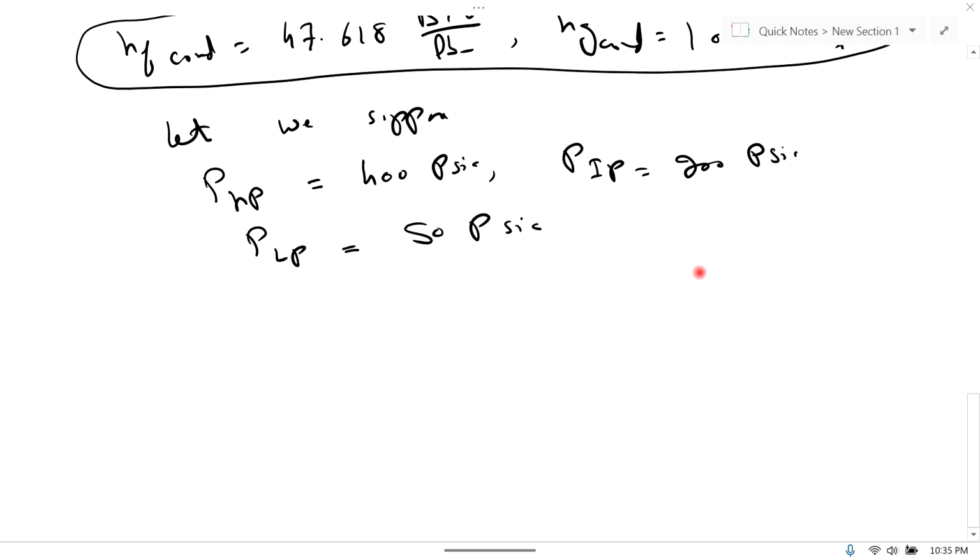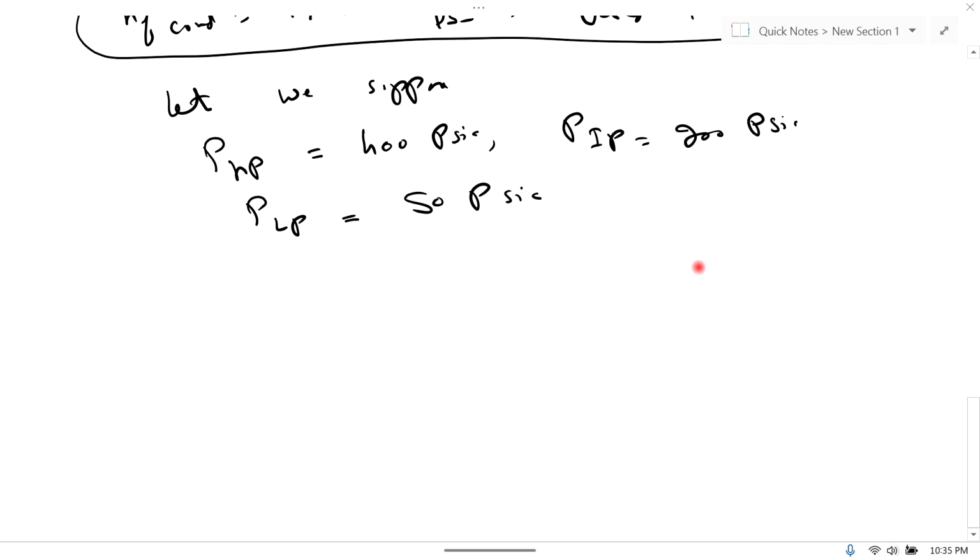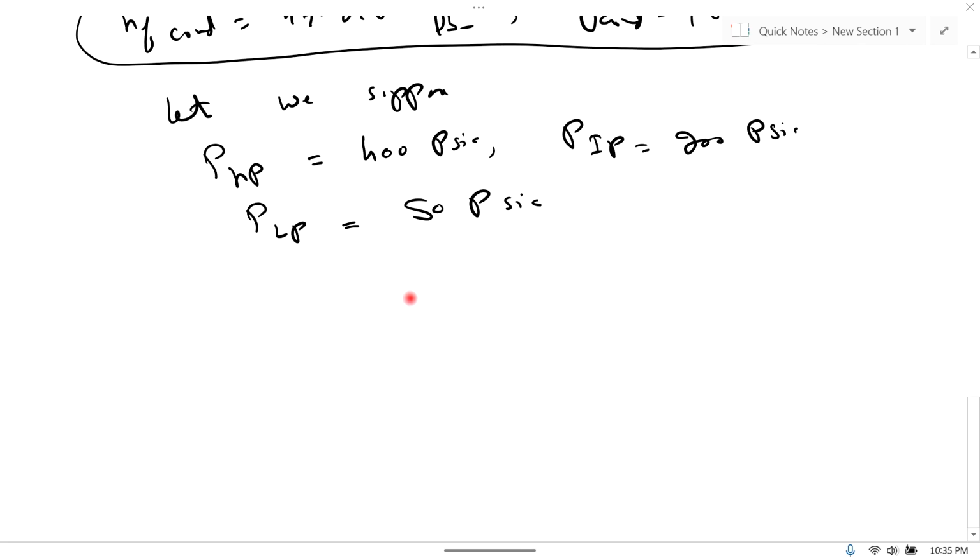And now we are calculating enthalpies and entropies for all these sections. So entropy is constant because this is a constant line.